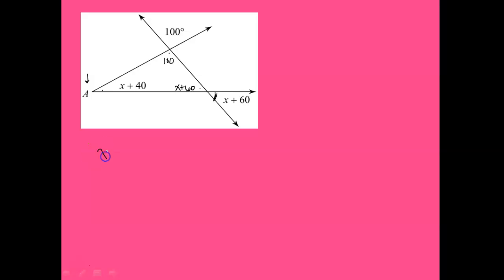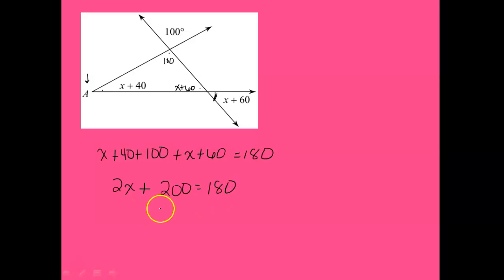So we set up our equation, x plus 40 plus 100 plus x plus 60 equals 180. 2x, plus 140 plus 60 is 200 equals 180.